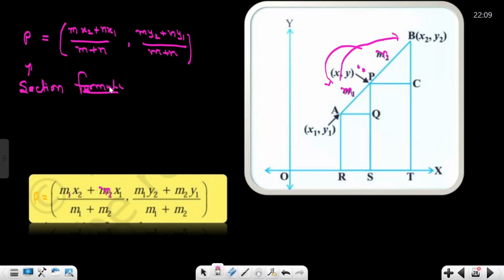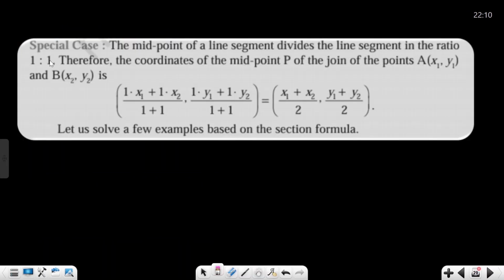Okay, one special case, if the ratio is 1:1, it means the m and n value is 1 and 1. So for 1:1 we directly make the formula: x1 plus x2 divided by 2, y1 plus y2 divided by 2.